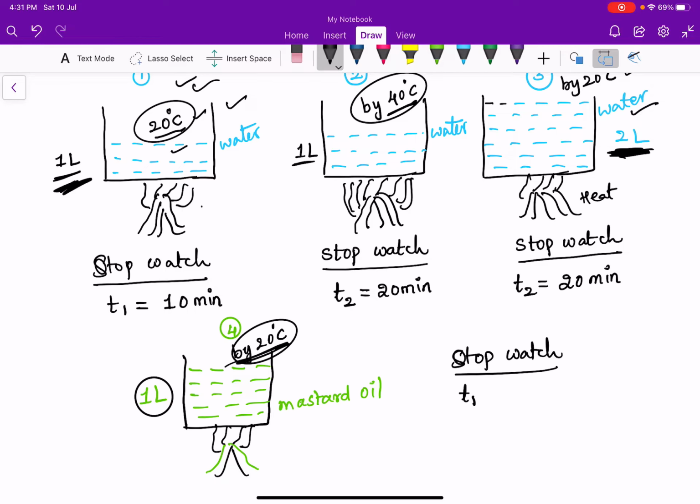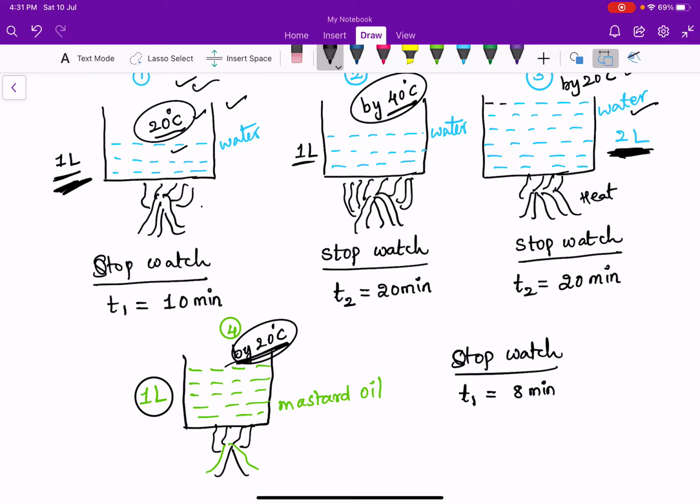In this case, the amount of time taken would be less. So that means the amount of heat energy supplied to the mustard oil also will be less in this case. So that is, in this case, let it take around 8 or 7 minutes.